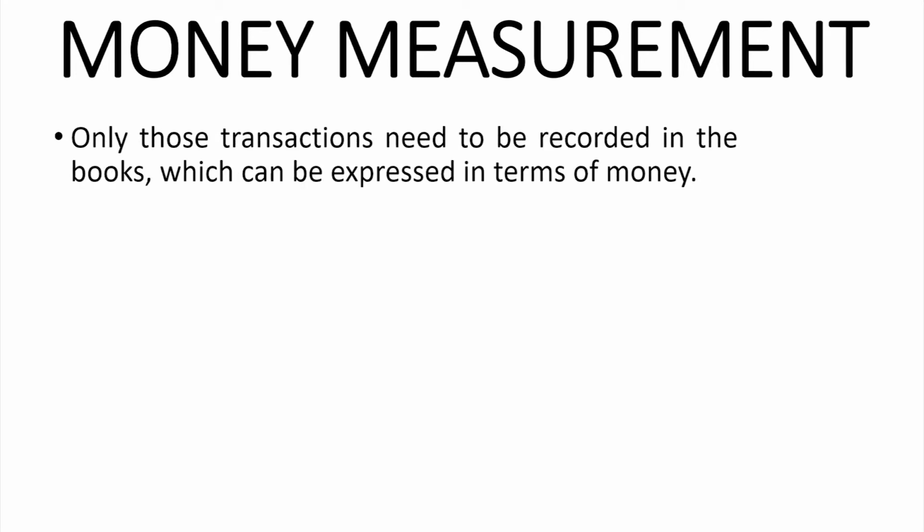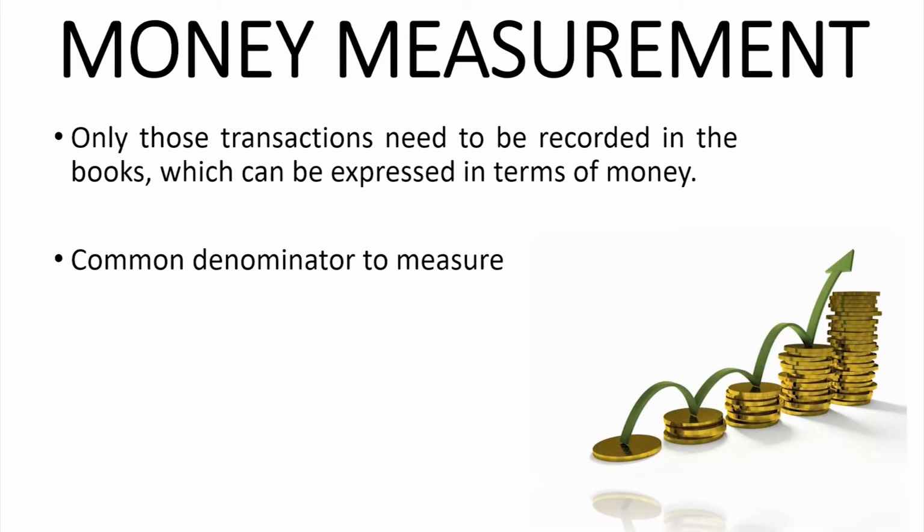Moving further, next one is money measurement concept. This concept assumes that only those business transactions need to be recorded in the books which can be expressed in terms of money. Money is a common denominator to measure assets, liabilities, income, and expenditure.